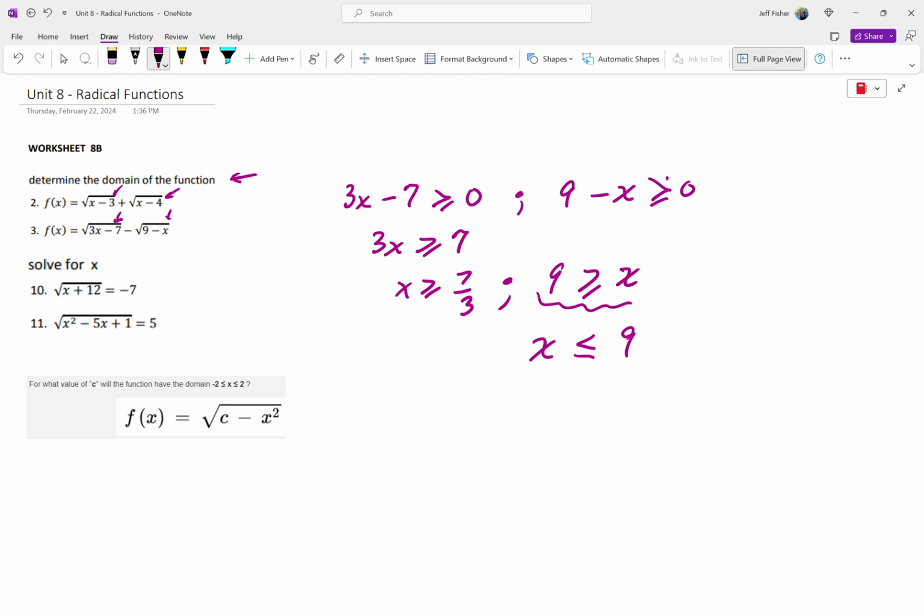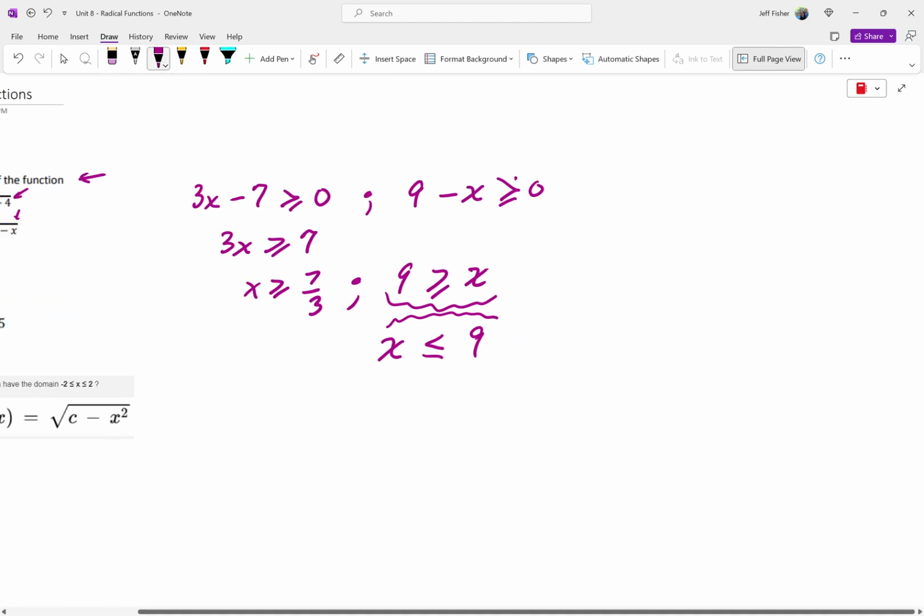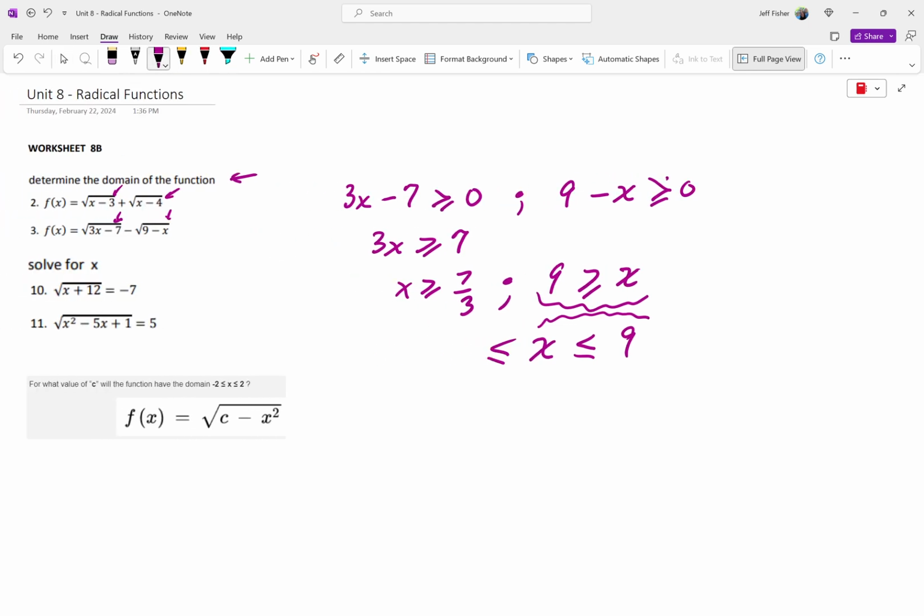I just reversed the order and reversed the sign. It's equivalent. And then over here, we have x greater than or equal to 7/3, which is again just a re-expression of this. And so this is our final answer, where x is between 7/3 and 9, inclusive.